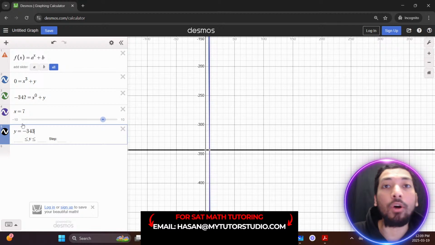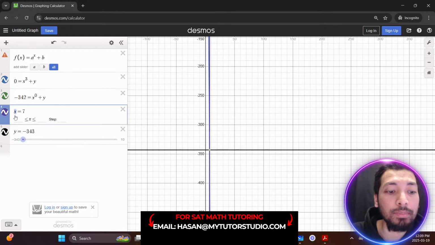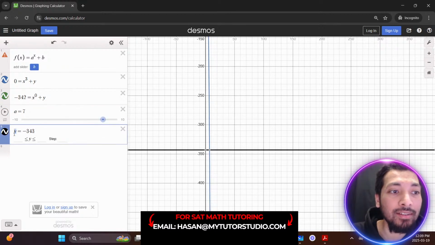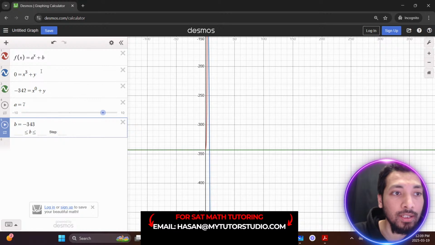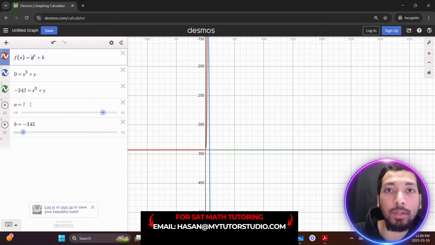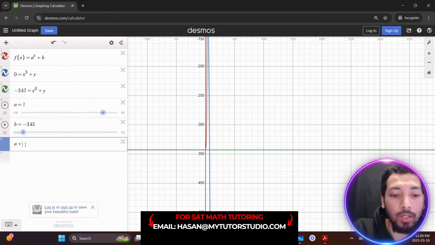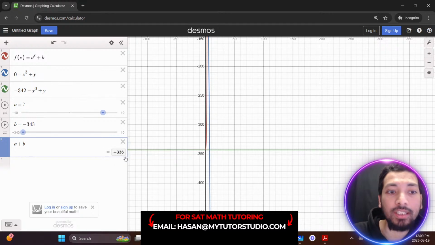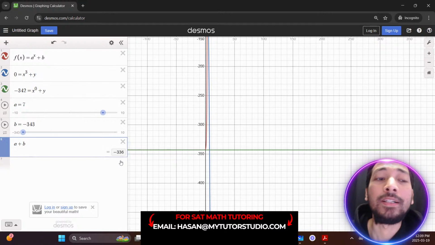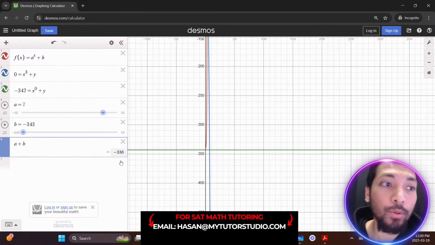And your original x was basically a, and original b is basically y. And this is how you can solve this problem pretty quickly. I have a plus b, that's negative 336. This is how you can use Desmos pretty quickly in this problem.